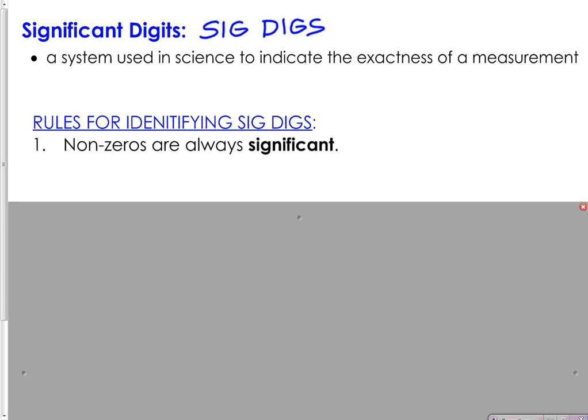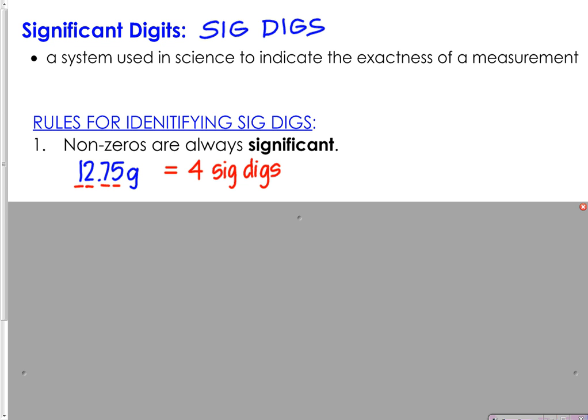So if you have a number, let's say 12.75, and let's say that's grams, and you want to identify what digits in that number or measurement are significant, you would look at everything that isn't a zero. In this case, the 1, the 2, the 7, and the 5 are all non-zeros. Therefore, we would say that this number has 4 sig digs.